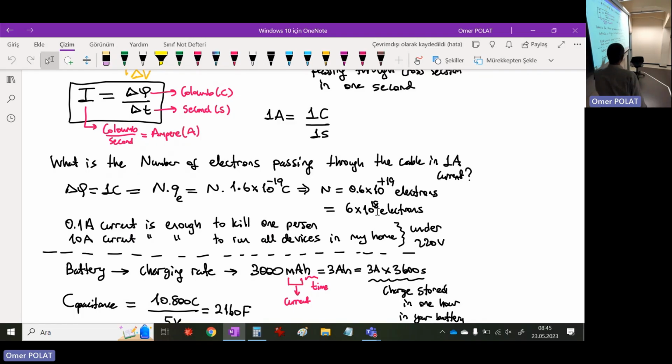But if I drive here 10 electrons or 100 electrons, the current is nanoampere or picoampere. So this energy is not enough to run it. That's the problem. We need too many electrons because each carries some energy, maybe picojoule or nanojoule. I really need many electrons to get enough energy to run the device.